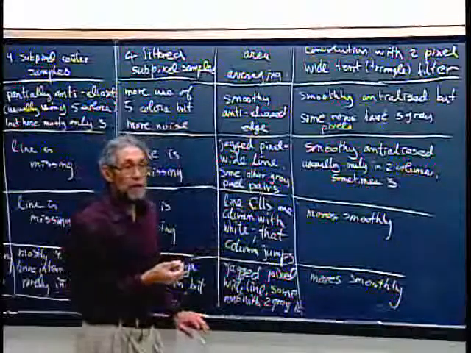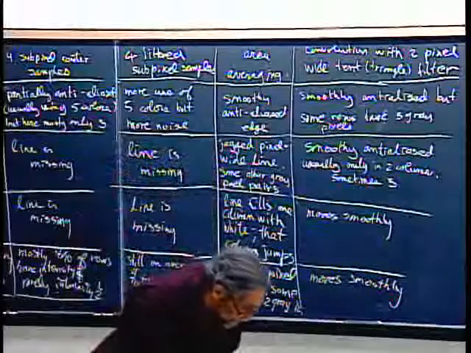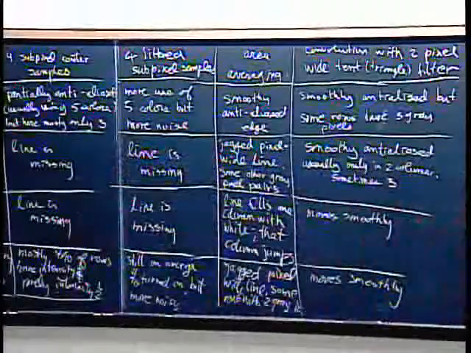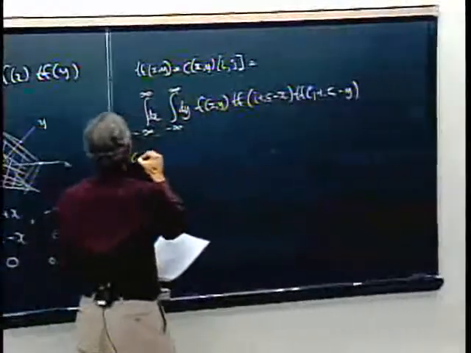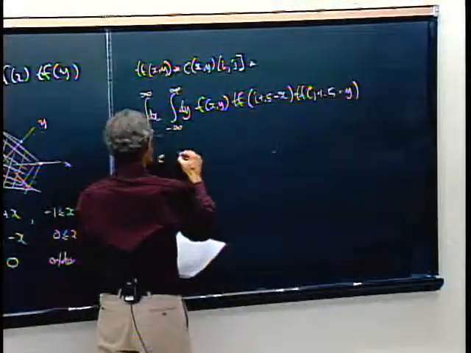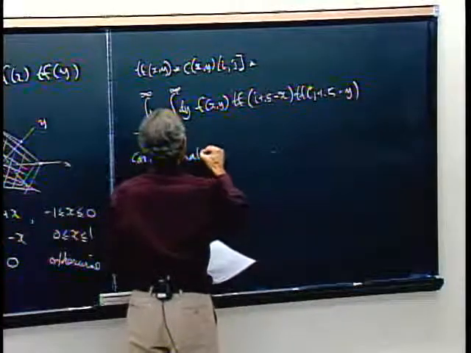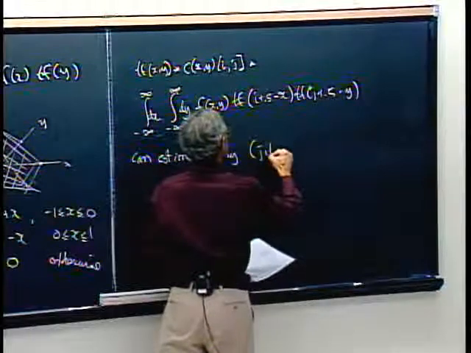But there's a problem with that. So we're trying to estimate this integral, right? So we can estimate it by, I'm saying jittered because it could be optional.